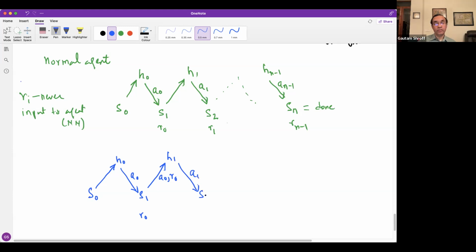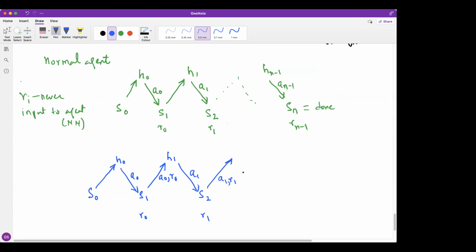So now you produce an S2, you get an R1 because it was the action in state 1. And similarly, this time again, you'll produce, what would be here? A1, R1, right? And so on.